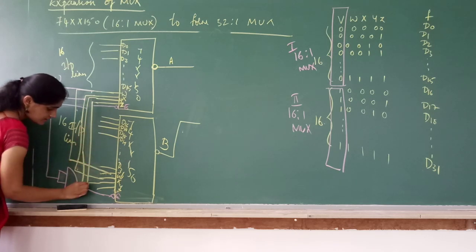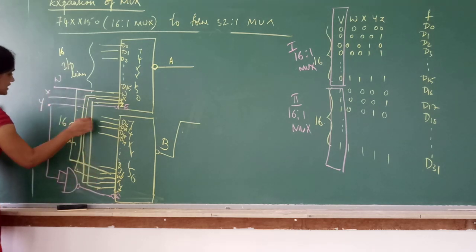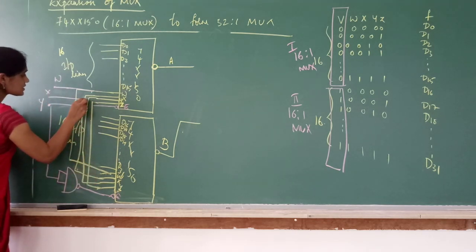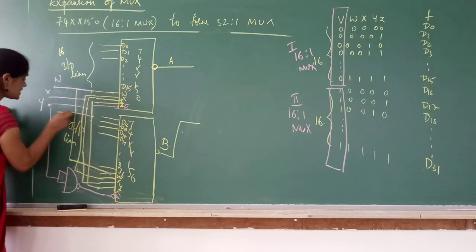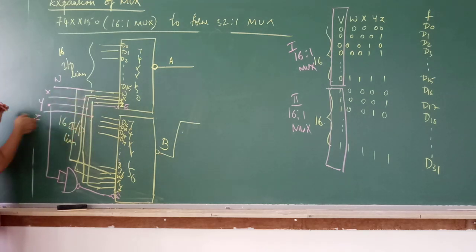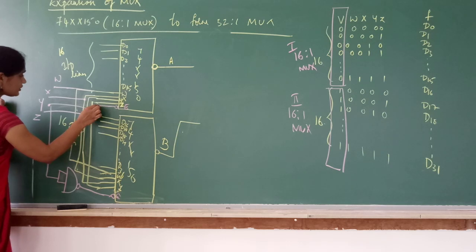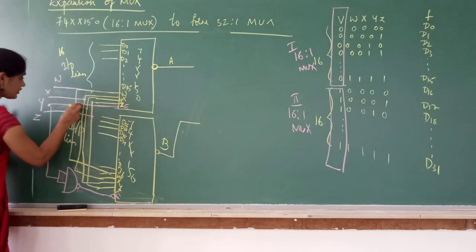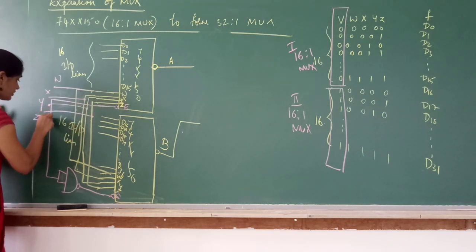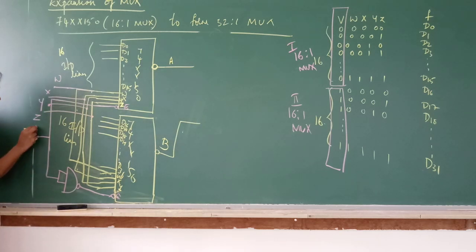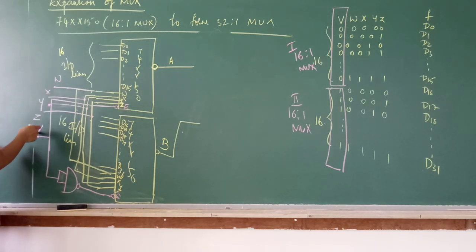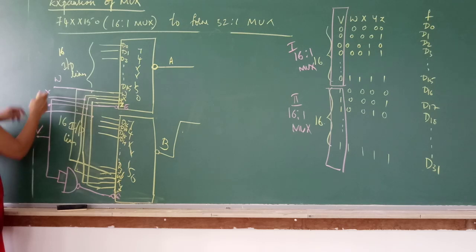And Z, so this is W, X, Y and this will be Z. And you have connected the enable input, and you can call this V. So V, W, X, Y, Z it is.